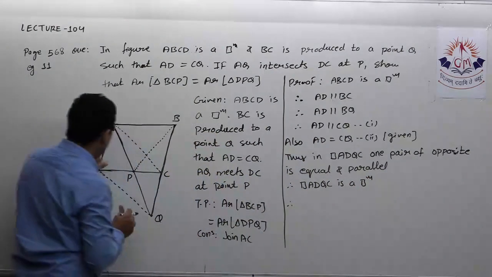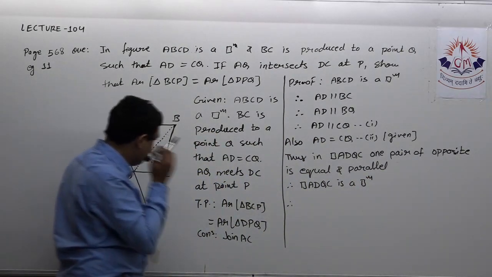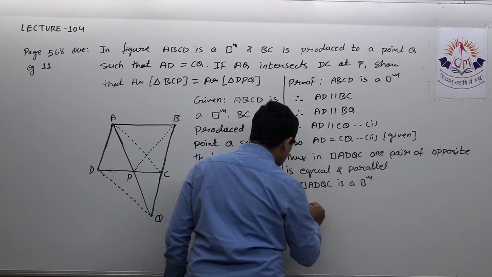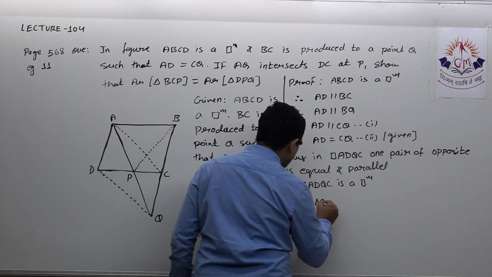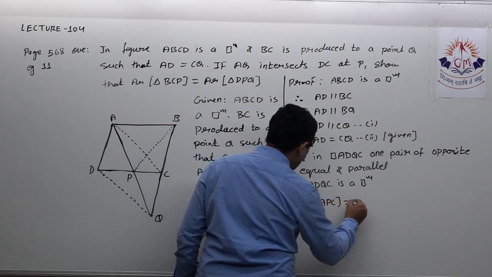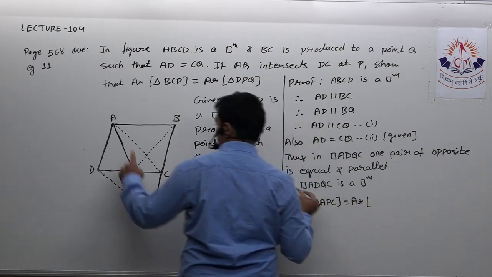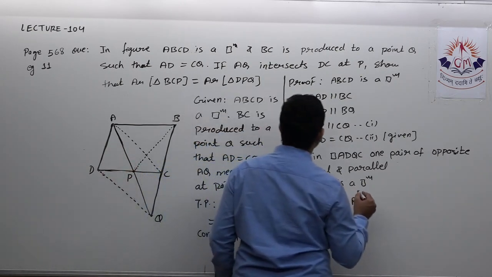Therefore, now I can directly write: area of triangle APC is equal to area of triangle DPQ.